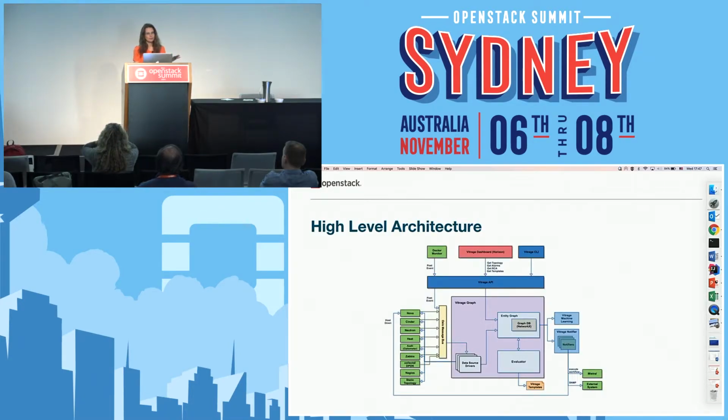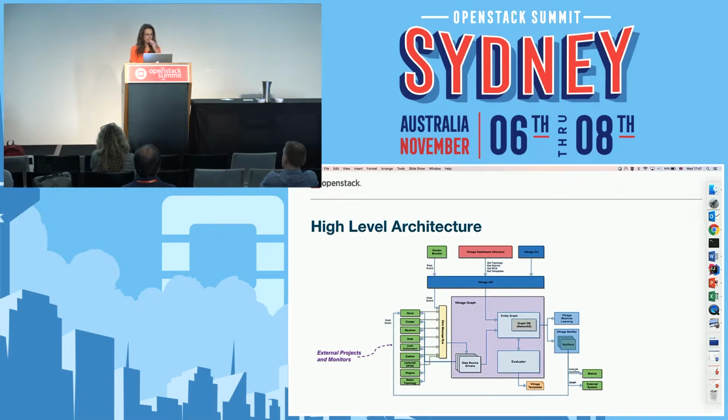I'll go briefly over the architecture because it's a background for the next slides. So Vitrage collects information from data sources that are built in a pluggable model. We get information from OpenStack components, Nova, Cinder, Neutron, Heat, AODH, and also from external monitors. We currently support Nagios, Zabbix, CollectD.